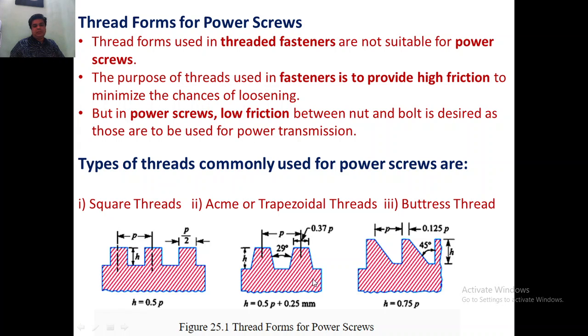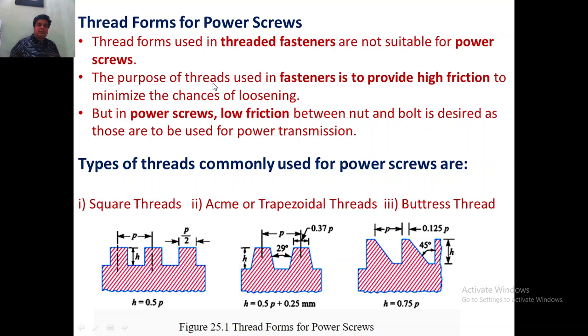In other words, different forms of threads are used: some in threaded fasteners and some suitable for power screws. So we look at some thread forms which are basically used in power screws rather than threaded fasteners.